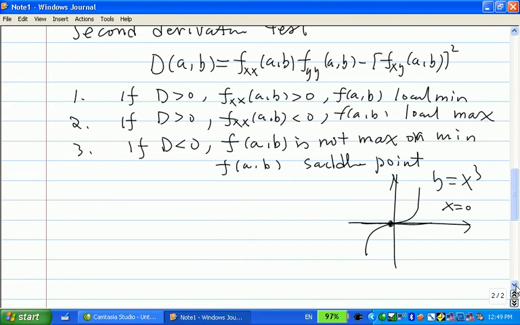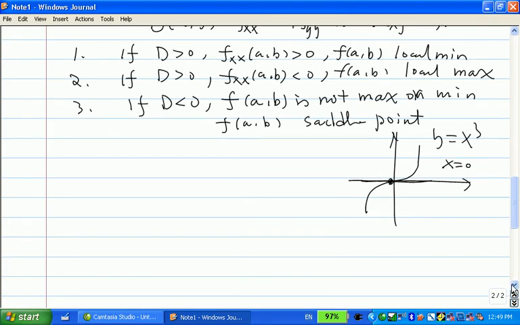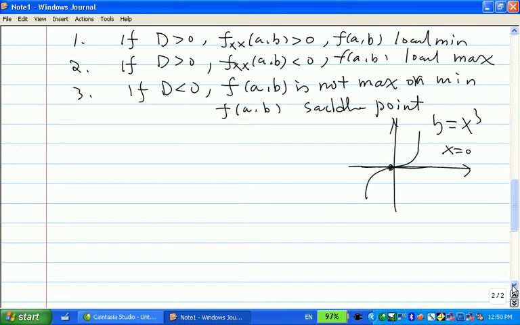For the function depending on one variable, it's hard for me to draw you a surface. All right. So for the second derivative test, you only test on those critical numbers. You don't test for any point. You only test those points that make your partial derivatives equal to zero.